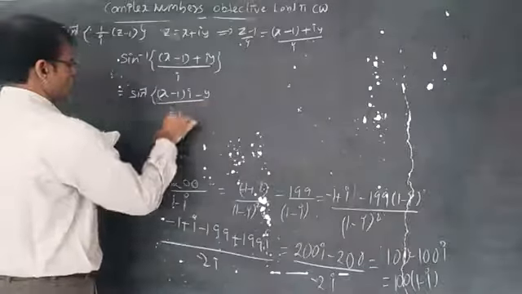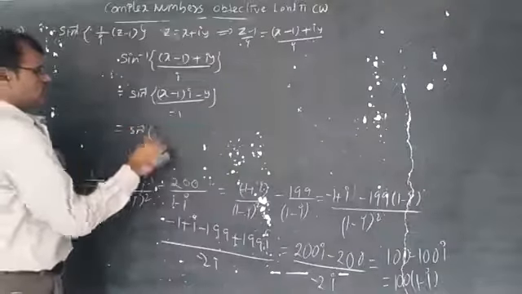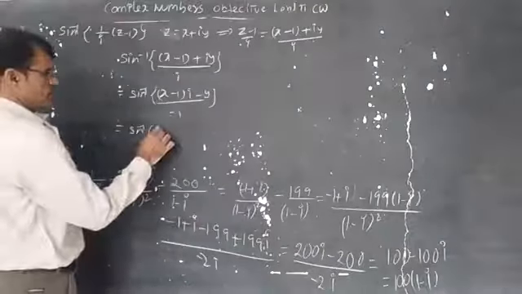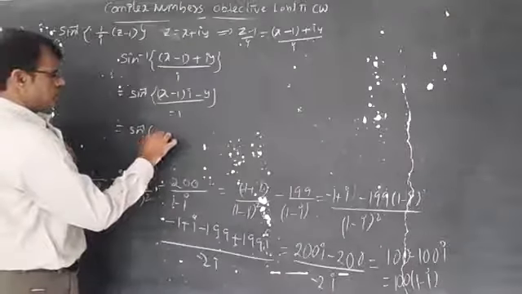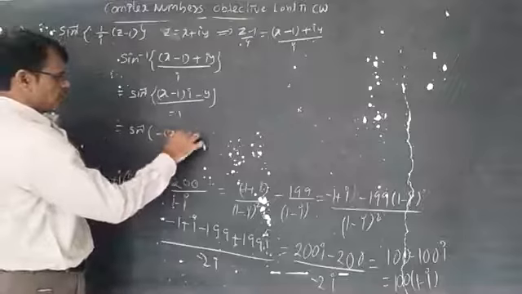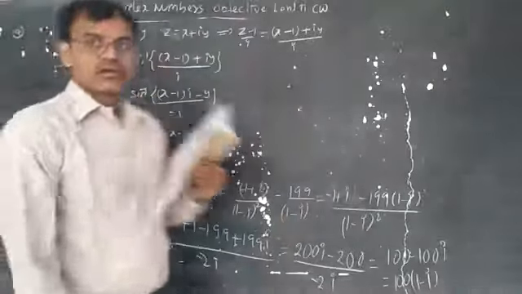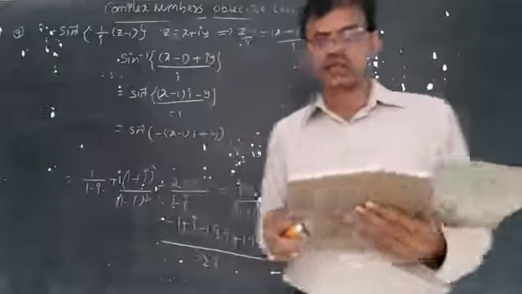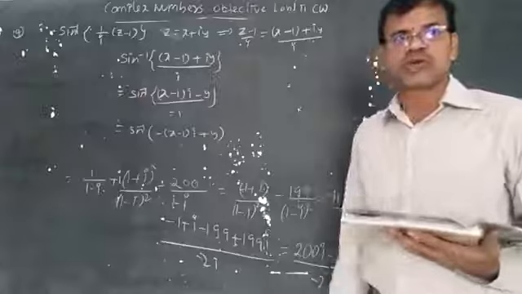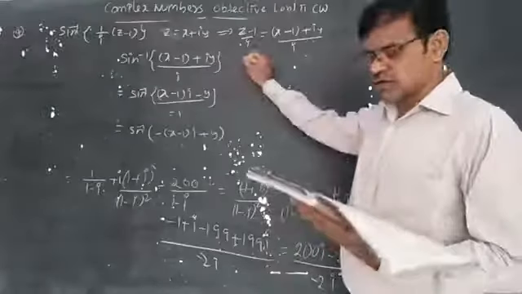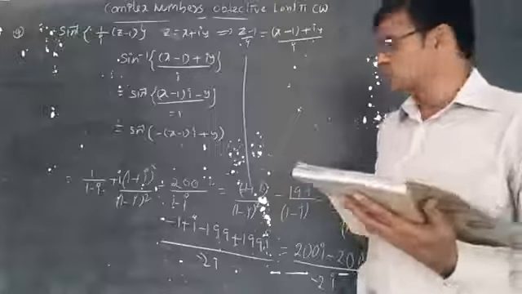Of course i squared is minus 1. So that is equal to sin inverse of minus of ((x minus 1) into i plus y). The domain of sin inverse is minus 1 to 1. So how many options are there?